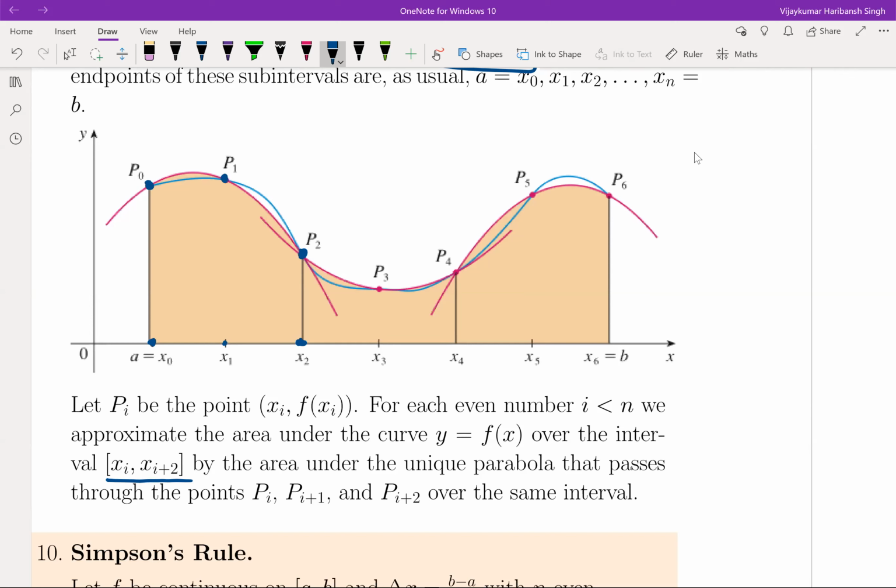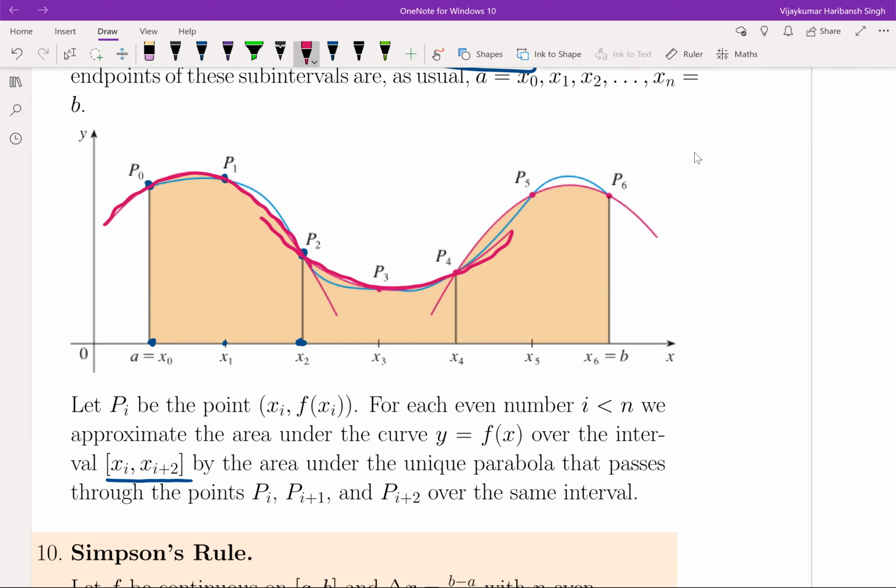Given 3 points, you can always find a unique parabola passing through them. It's given by a quadratic equation. Similarly, between x2, x3 and x4, you can get another parabola. And then you find the area below the parabola.